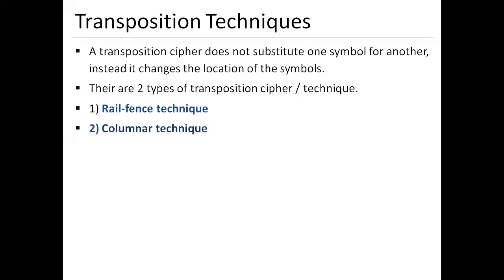In a similar way, we are going to have a rail fence technique where the fencing will be there, that is odd and even. The columnar technique we will again use in the form of a matrix. We learned something similar in Playfair, but it is slightly different from Playfair.